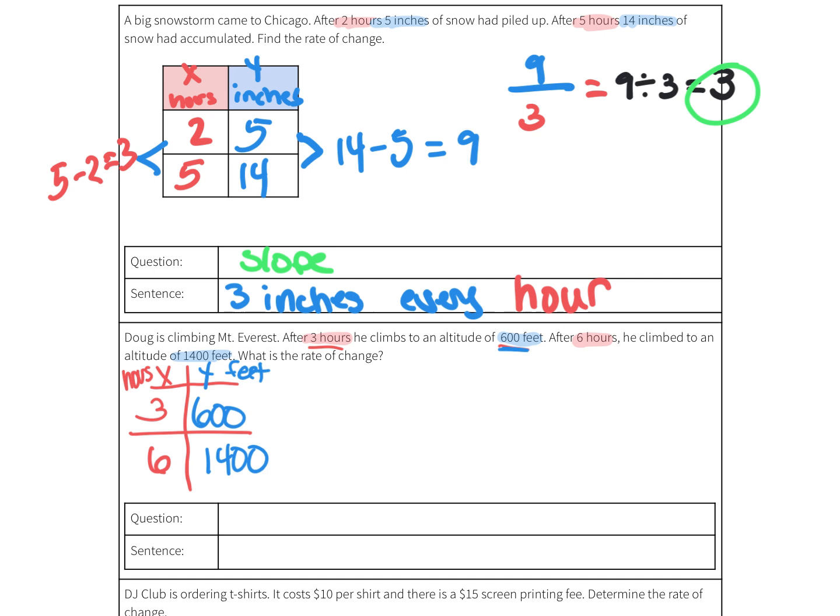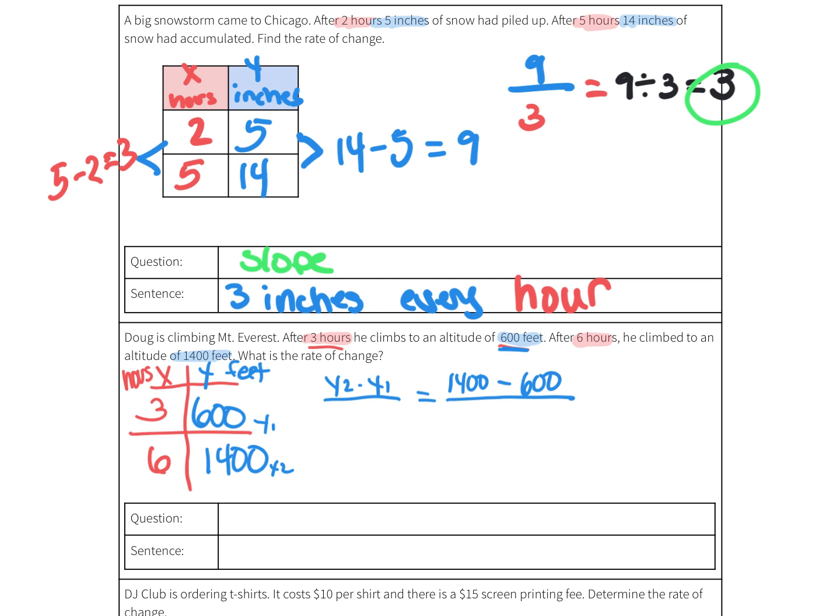Remember, for my rate of change, you can use this method where you just go like this, 5 minus 2, 14 minus 5, or you can use the slope equation. For this one, I'll set it up in the slope equation. So we have y2 minus y1 on top. y2 is 1,400 minus y1, which is 600.